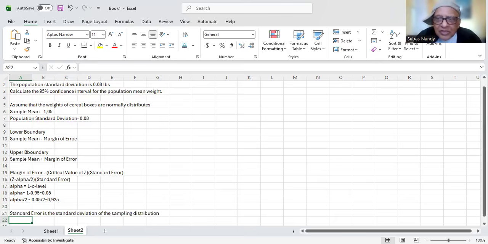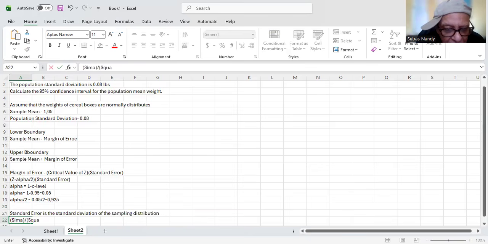So the standard deviation of the sampling distribution is called standard error. And the standard error formula is sigma divided by the square root of the sample size. Do I have to remember all this? No, it's for your information purposes. We will be using Excel.